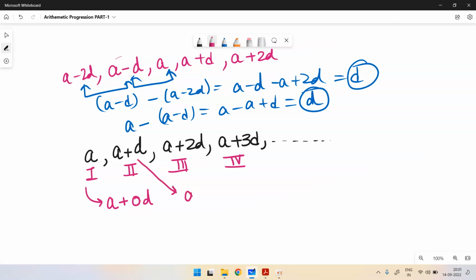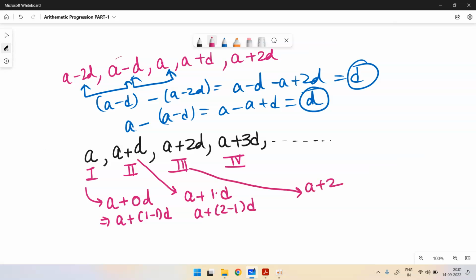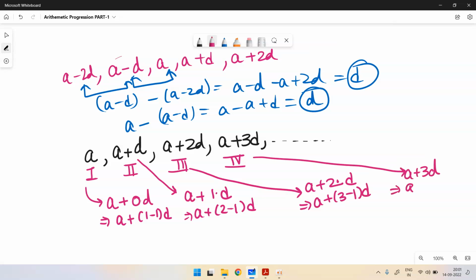The second term you can write as A plus 1D, which is A plus 2 minus 1 D. The third term you can write as A plus 2D, which is nothing but A plus 3 minus 1 D. The fourth term you can write as A plus 3D, nothing but A plus 4 minus 1 D. Now you can see the relation: this is 4, this is 4, this is 3, this is 3, this is 2, this is 2, this is 1, and this is 1.